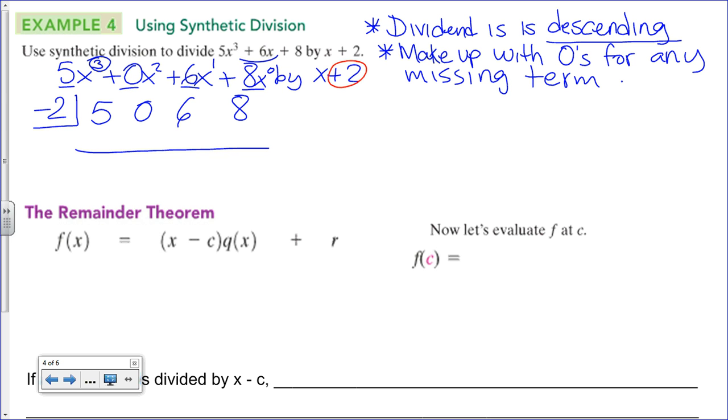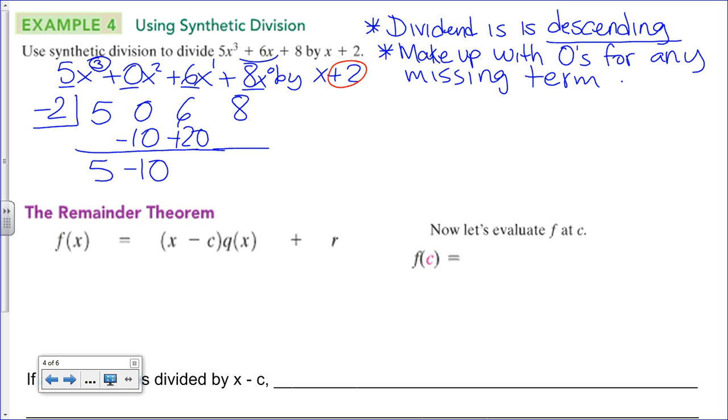So we drop the first coefficient. And then negative 2 times 5 is negative 10. Combine like terms, so 0 minus 10 is negative 10. Negative 2 times negative 10 is negative 20. 6 minus 20 is negative 26. I'm sorry. The 20 should be positive. Oh, yes.